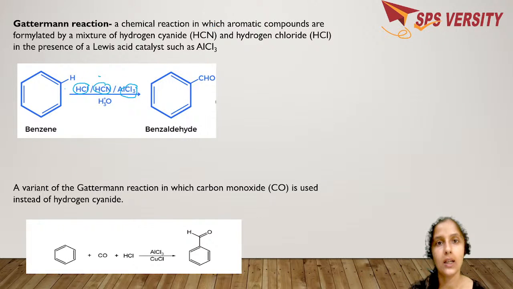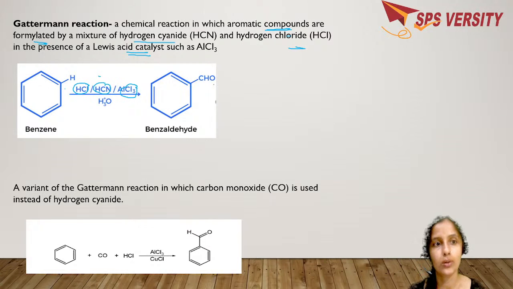It is a chemical reaction where the aromatic compound, benzene, is formylated. You are going to add a CHO group to it by treating it with hydrogen cyanide and hydrogen chloride in the presence of a Lewis acid catalyst.